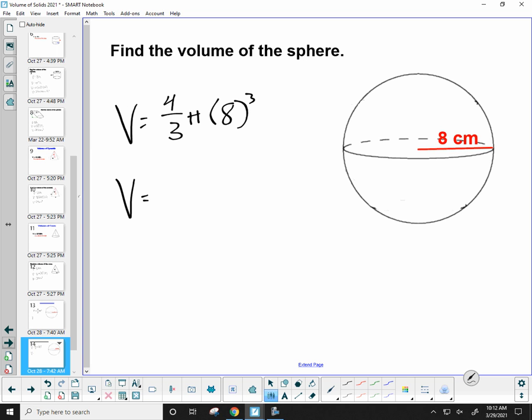Okay, so really there's not a whole lot to calculate on this one. This one does not simplify nicely either. So if I multiply my numerators together, I end up with 2,048 pi all over 3. Cubic centimeters. I don't care if you want to put that in decimal, whatever floats your boat there.